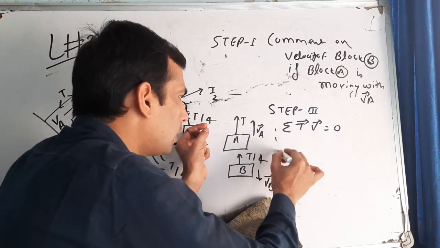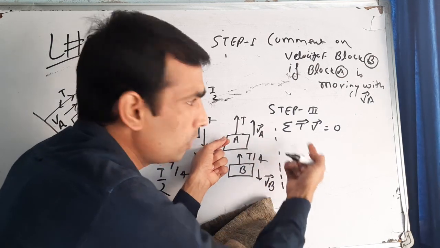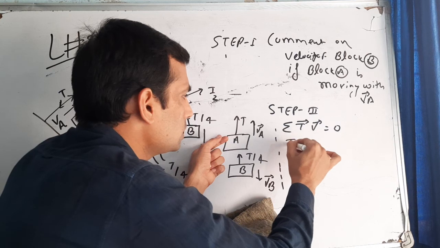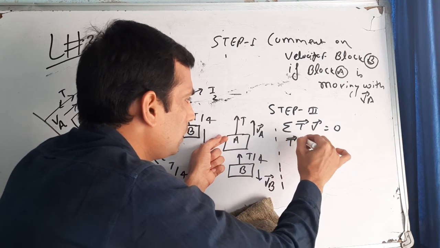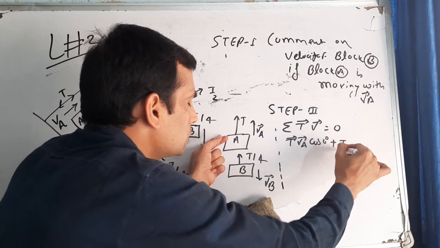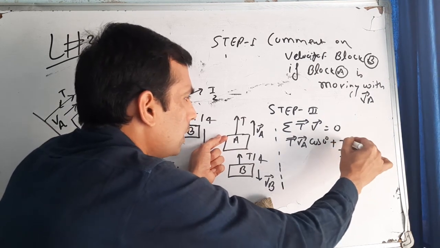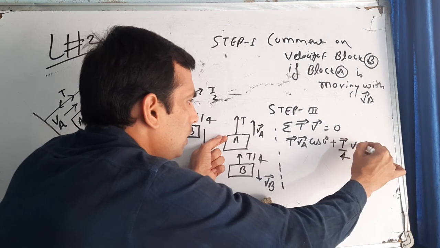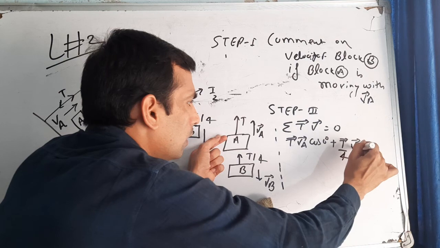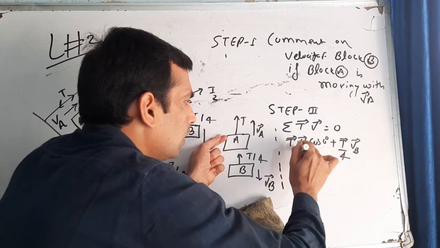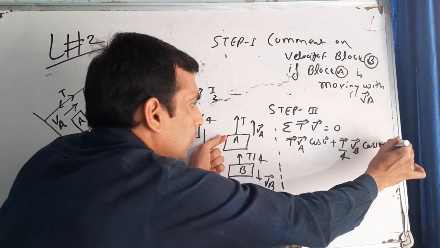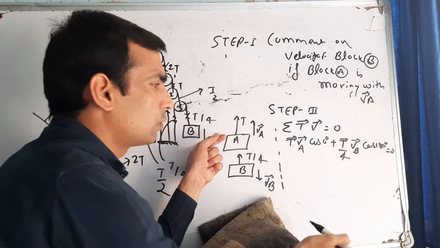So I'm going to apply the formula T dot V individually to both blocks. This is T into VA cos of 0 degree plus T by 4 into VB cos of 180 degree, which equals 0.